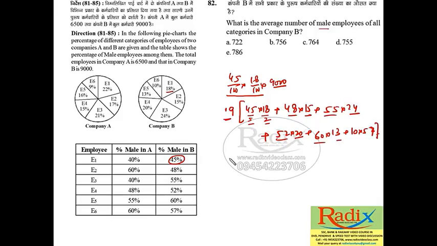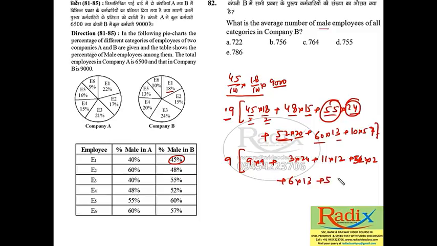So we'll take 10 common, this would be 9. This would be 9 into 9 plus, this is 3 into 24, this is 11 into 12. What we'll do? We'll take 5 and 2 common from each term. This is 26, or we can write this as 52 into 2. This is 6 into 13 and finally 57.